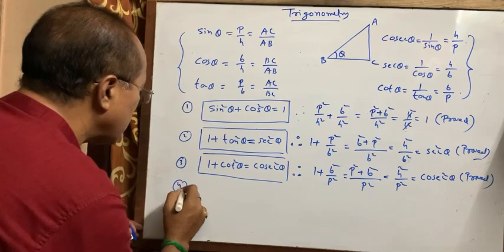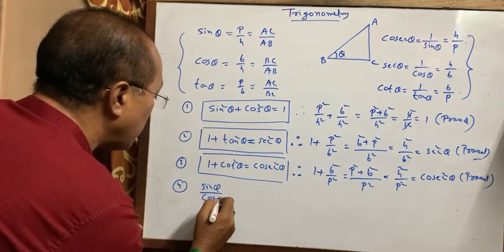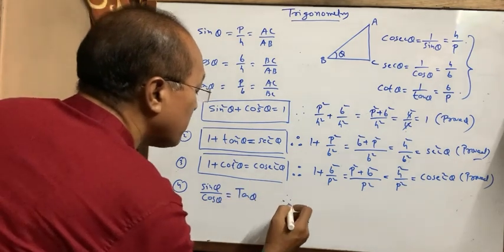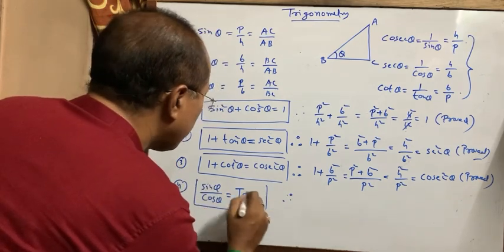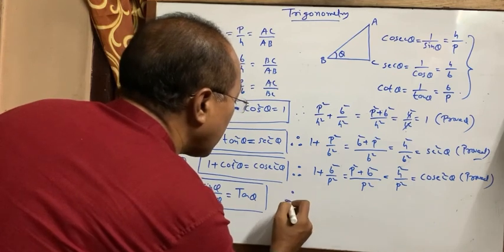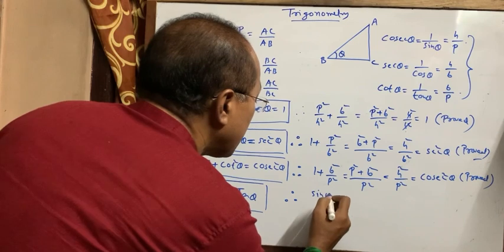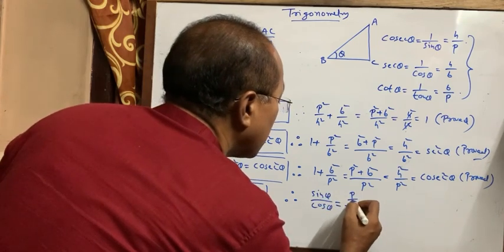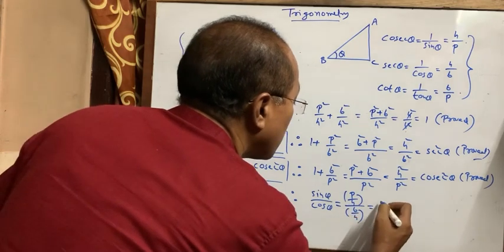Another relation is sin theta by cos theta is equal to tan theta. We can write like this: sin theta by cos theta, that is perpendicular by hypotenuse and base by hypotenuse.